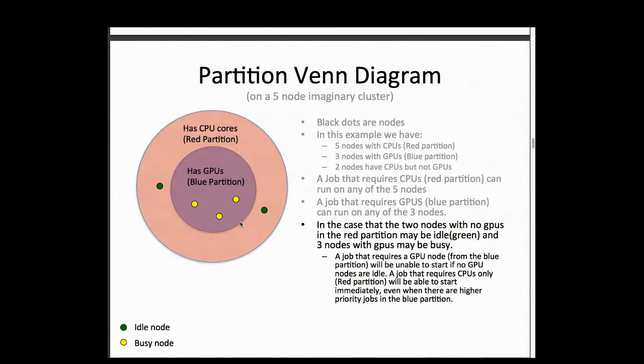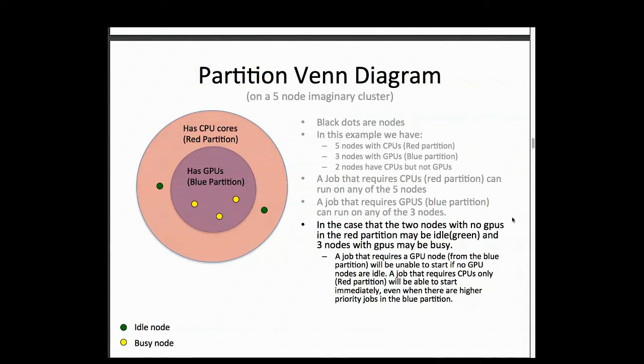So let's go one step further. Let's bring in idle and busy nodes. Let's make the idle nodes green circles, and the busy nodes yellow circles. In this case, we see that there are 2 idle nodes in the red partition and none in the blue partition. So a job that requires a GPU node from the blue partition will be unable to start if there are no GPU nodes available.